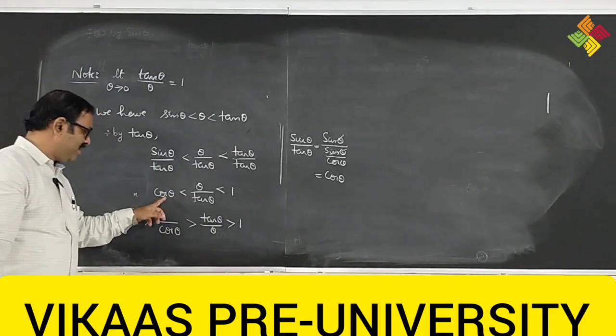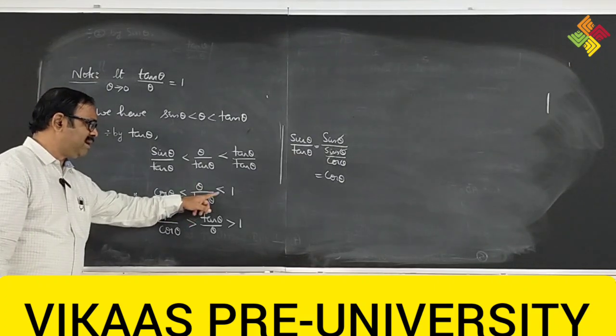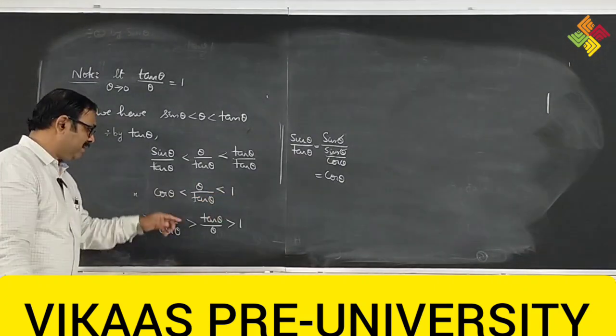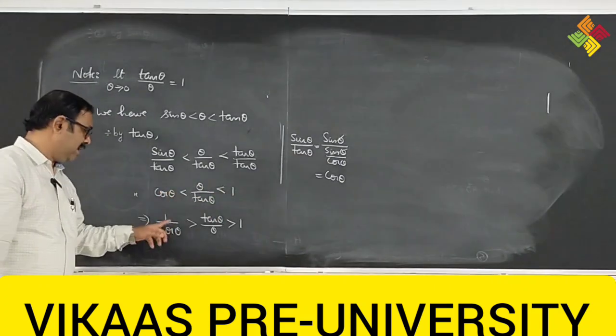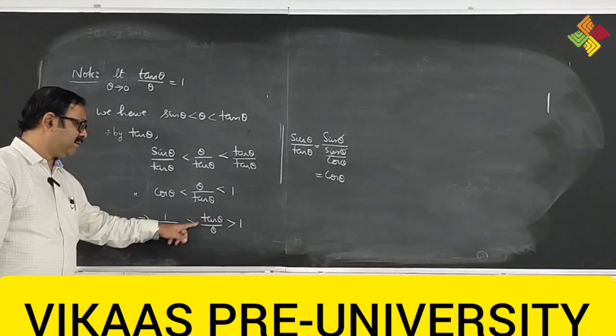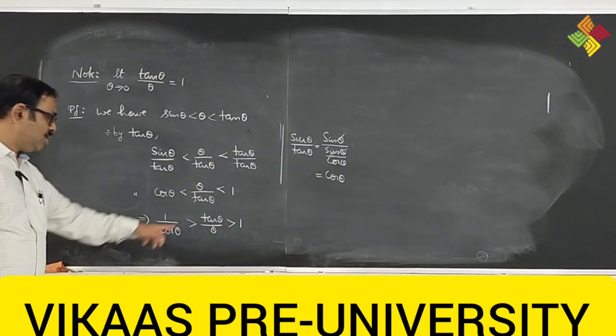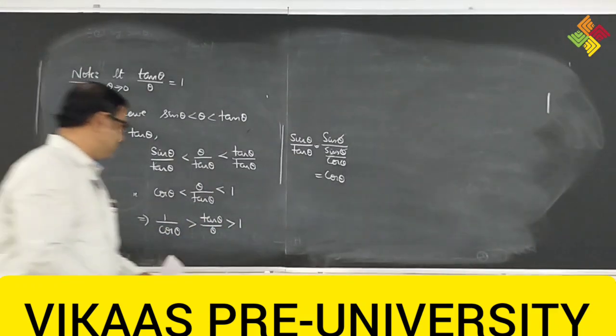So we have cos theta less than theta by tan theta less than 1, but by taking the reciprocal, we can write 1 by cos theta greater than tan theta by theta greater than 1. Now you have to apply the limit.